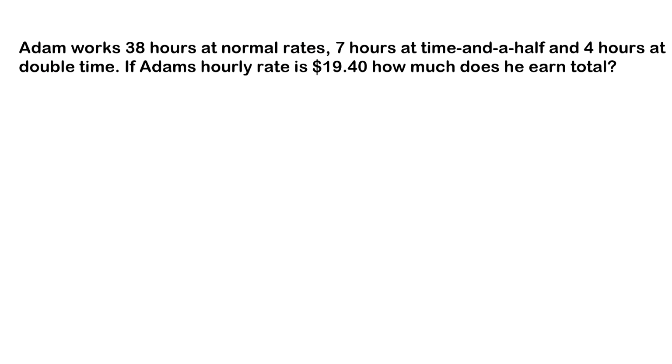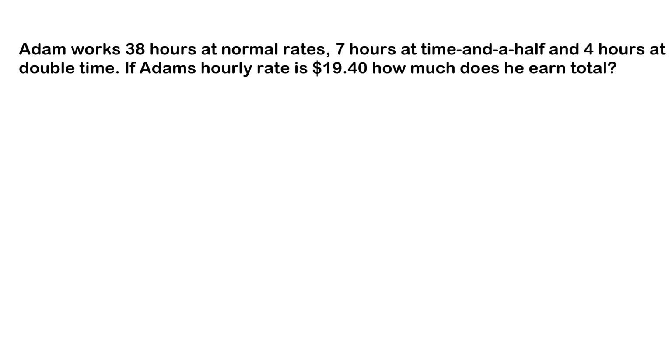So Adam works 38 hours at normal rates, 7 hours at time and a half, and 4 hours at double time. What I like to do here is break it up. So we're going to focus on our normal pay first, and that's going to be his 38 hours times his hourly rate.